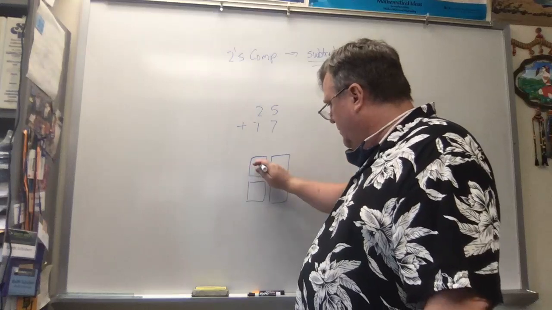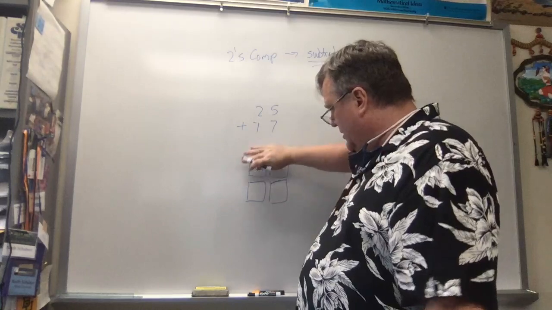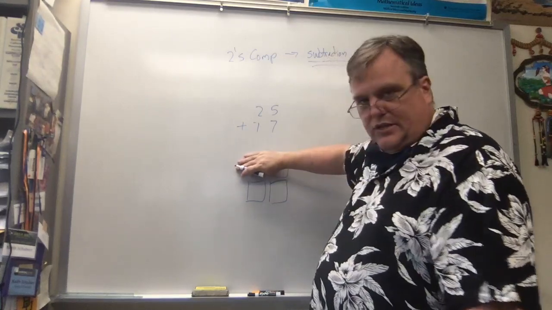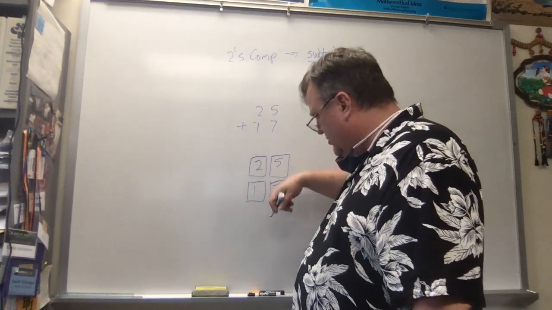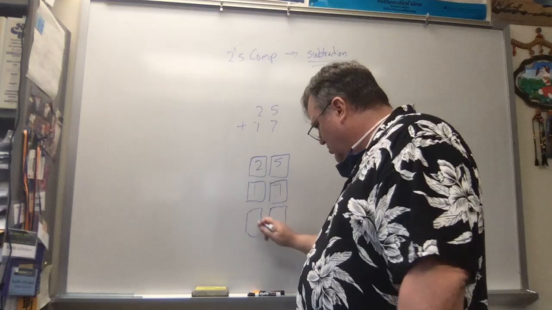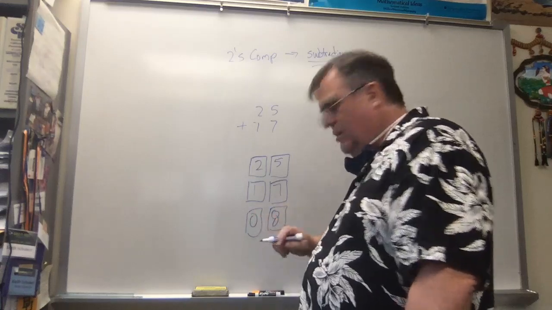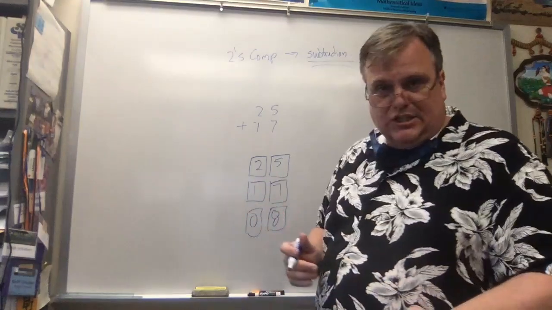I could type in the first number 25, and then I hit the minus and it clears out, and I put in the second number 17, I hit enter, and then the next thing it's going to show me is the solution 08 on the screen because it only has so many digits.